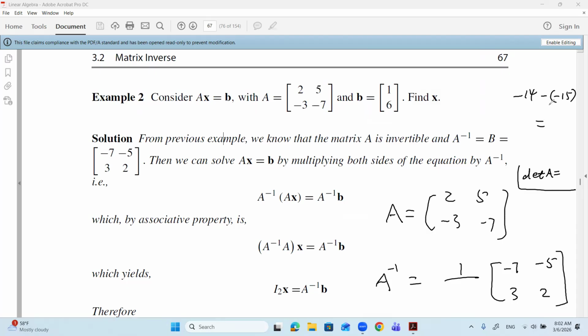So -14 plus 15, that's 1. The determinant is 1, a non-zero value. So this inverse of A exists, 1 over 1, which is the determinant. So therefore, the inverse is simply this matrix, because this scalar is simply 1. So we found A inverse.